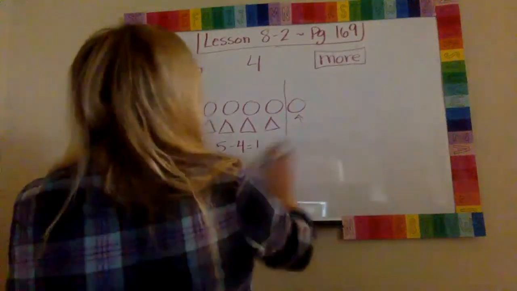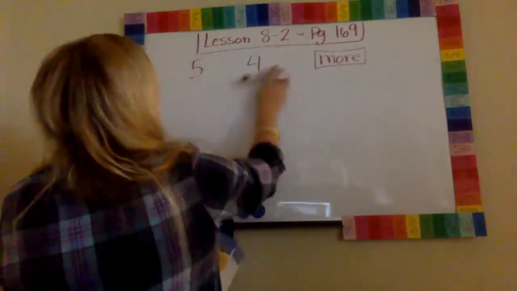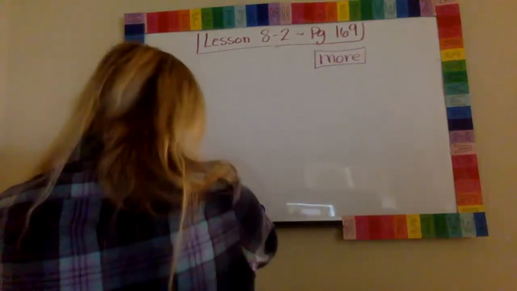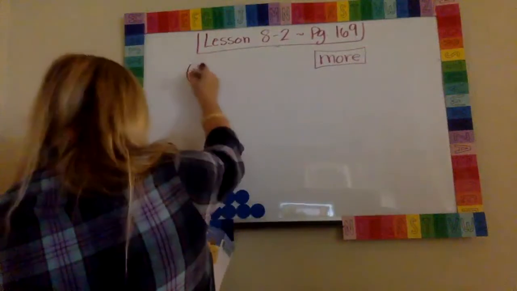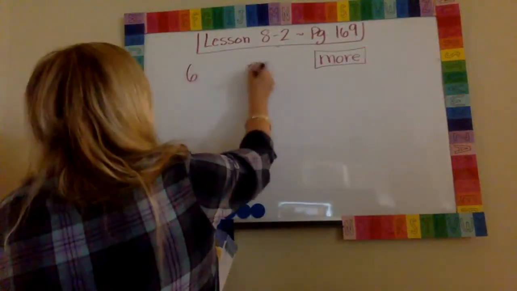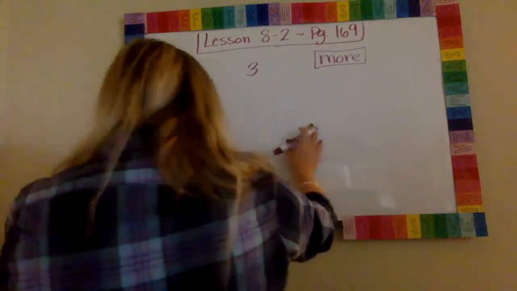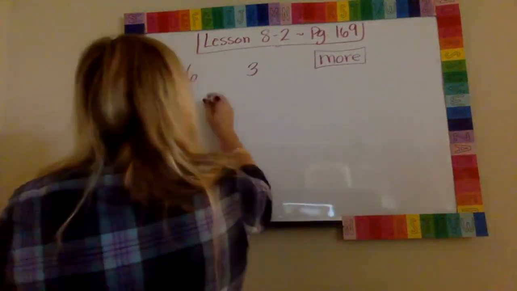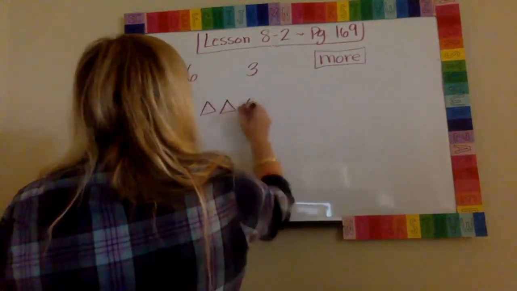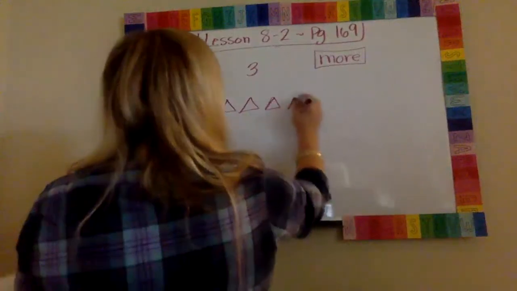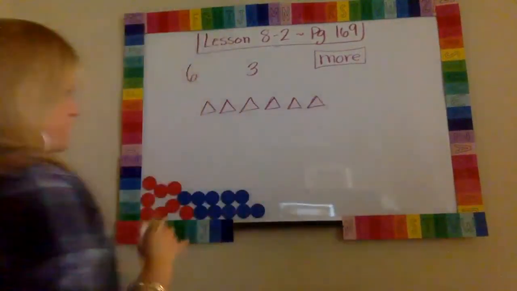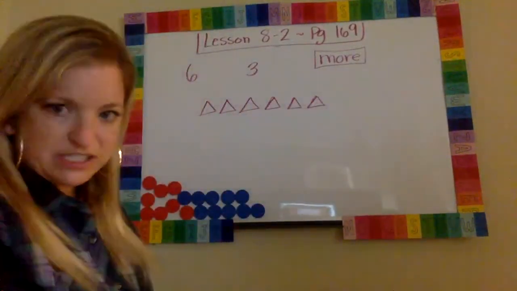Next one is our last one. And it says there are 6 cats. There are 3 bowls. How many more cats are there? So they drew your 6 cats. 1, 2, 3, 4, 5, 6. See how you don't have to draw cats, just something that represents those cats.